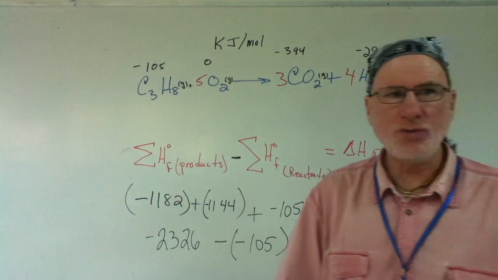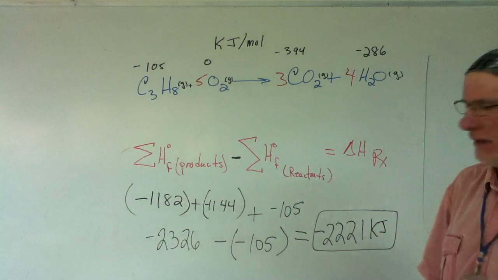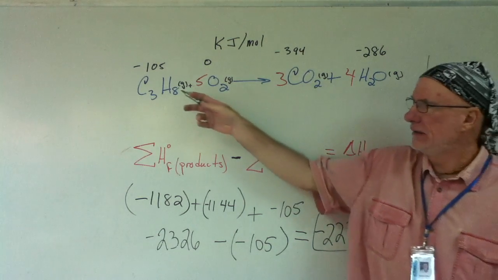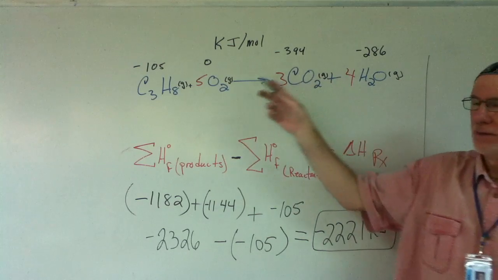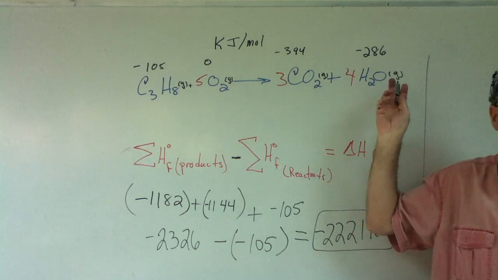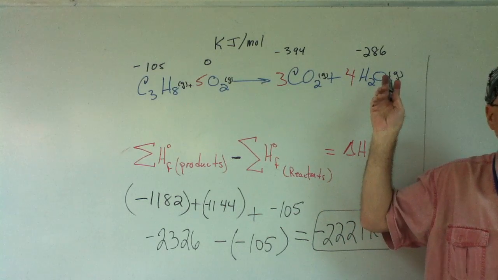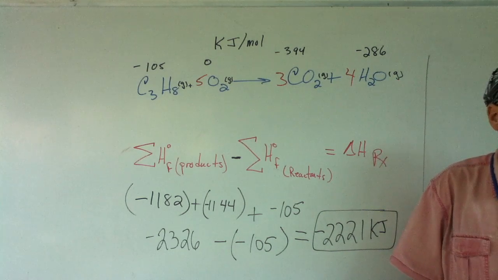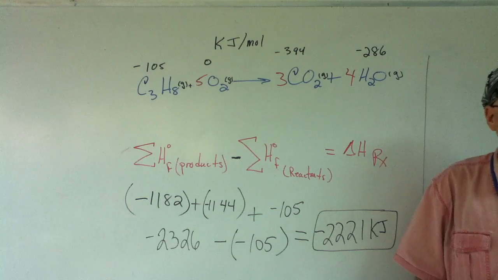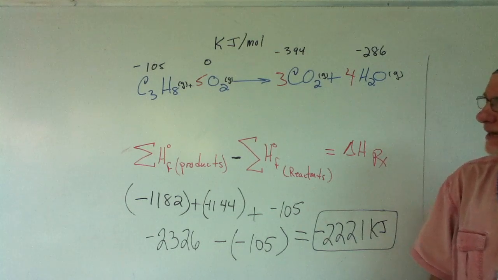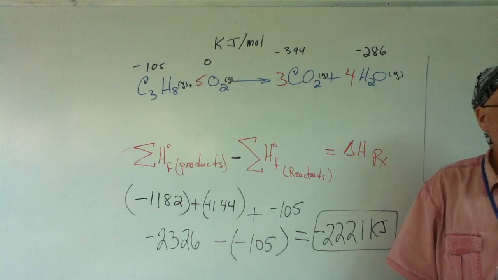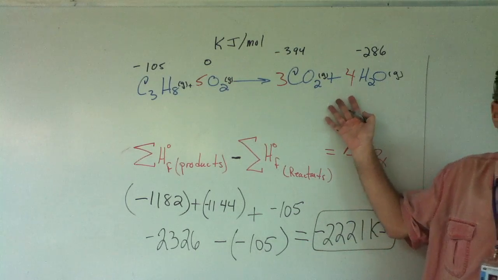So could you go out on a limb here and say that the products are more stable than the reactants? Yeah, absolutely. So you could say that the 105 was not very stable, but the rest were stable.